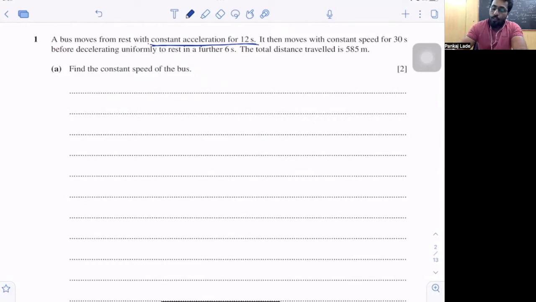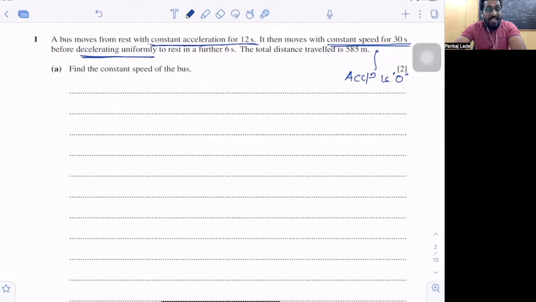Then it moves with constant speed. When you say constant speed, that means acceleration is 0, right? Speed is maintained constant, so the acceleration is going to be 0. And then it decelerates uniformly. So again there is deceleration, and that is uniform, isn't it?